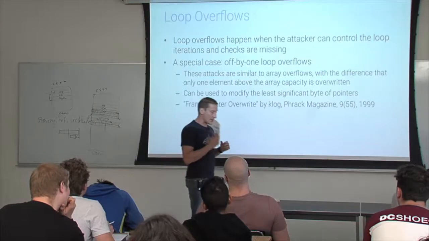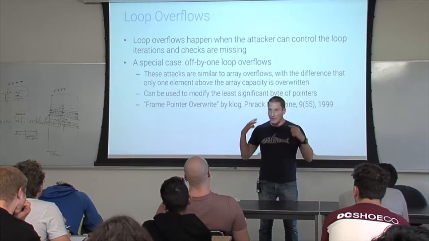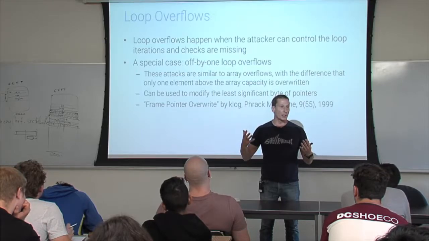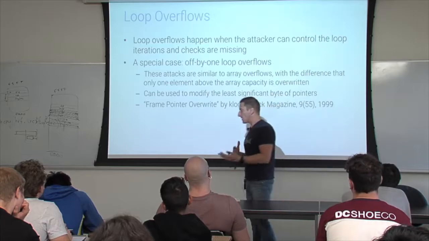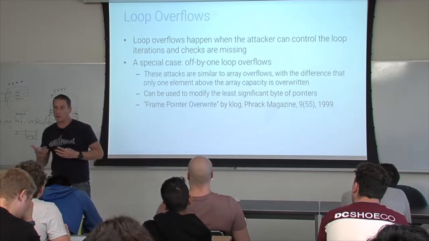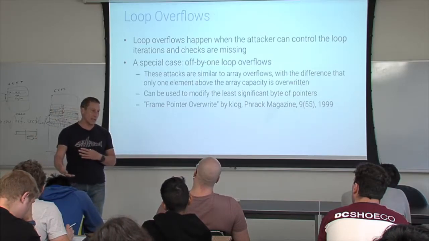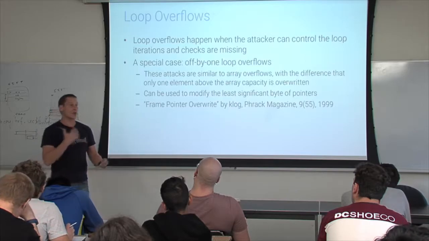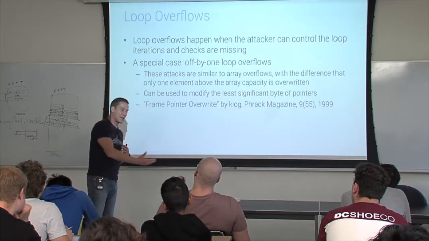This is because, once again, it's more about us as programmers and our mental model of what a loop is. It's very difficult sometimes to start from 0, and then you want to copy 256 characters. You are inexperienced, and instead of saying less than 256, you write less or equal to 256. So you're actually copying 257 characters.